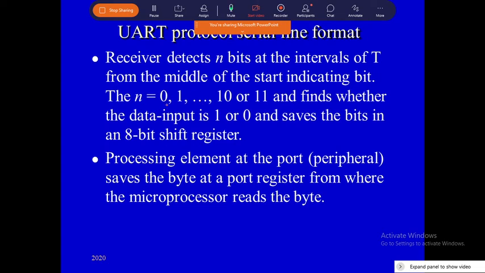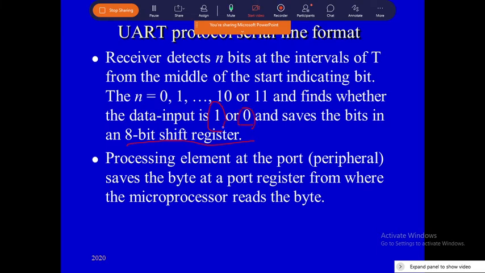First it considers the first bit as a start bit, the last one as a stop bit, and the other one is the P bit. Only the data input is saved in the 8-bit shift register. The data it stores will be in a 1 or 0 format.